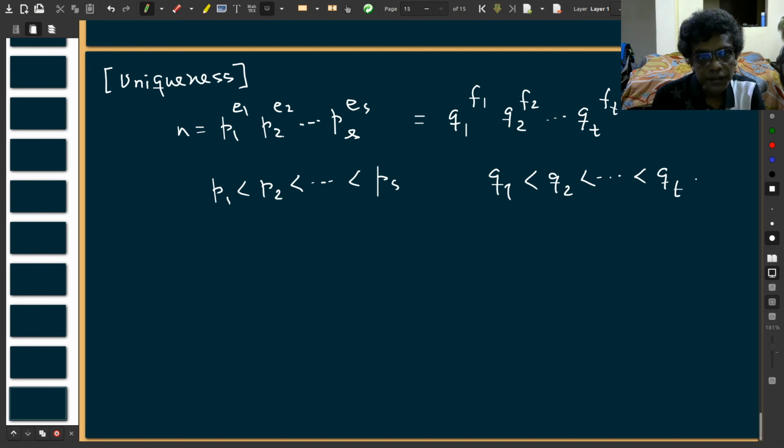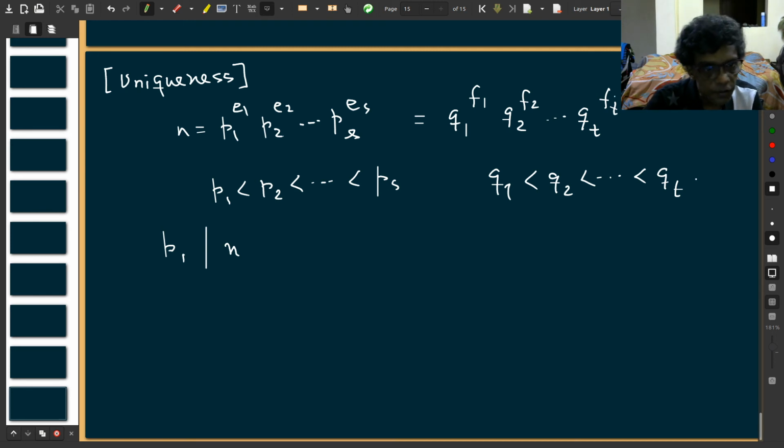P1 divides this product, which in turn is equal to n. So p1 divides n, which is equal to the second expression, a product of f1 plus f2 plus and so on up to ft primes.